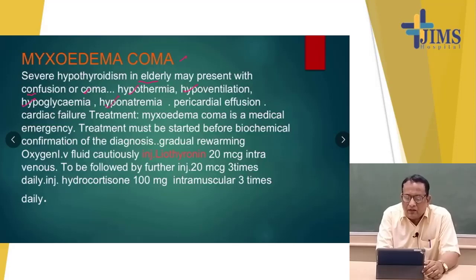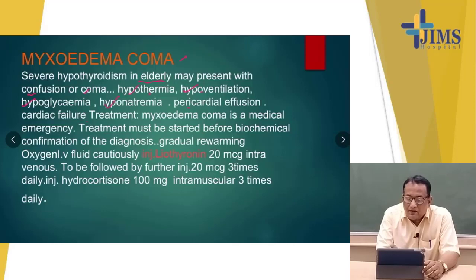So in a severe elderly patient having hypothermia, hypoventilation, coma, confusion, hypoglycemia, hyponatremia, one should suspect myxedema coma. A high index of suspicion is necessary to diagnose this condition. Then there may be pericardial effusion, there may be cardiac failure.